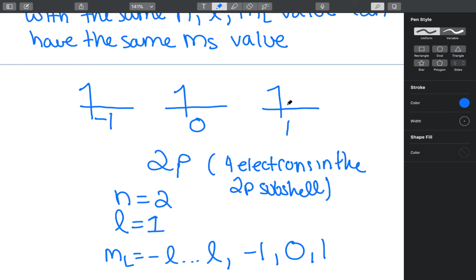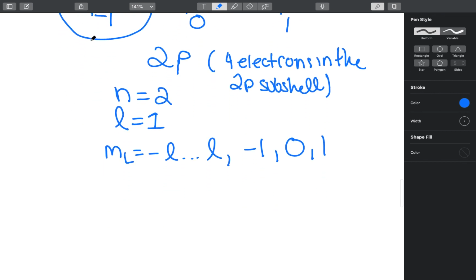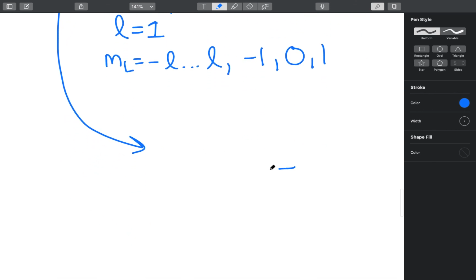So how would I orient the 4th electron in this -1 orbital? Let's focus in on this -1 orbital now. We have this electron in this particular spin state. According to the Pauli exclusion principle, I can only write the second electron like this. It must only have an ms value opposite to that of the other electron occupying the orbital.